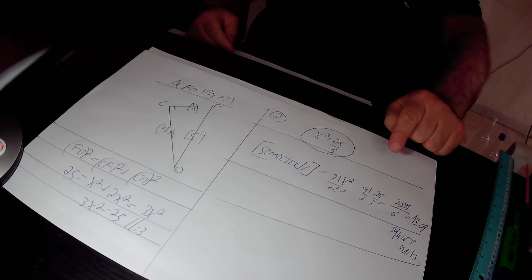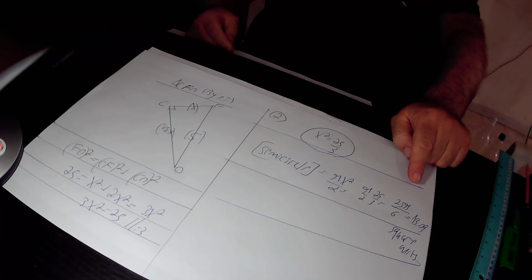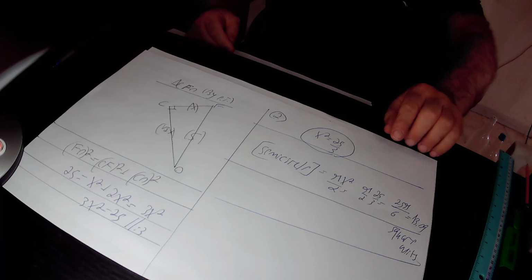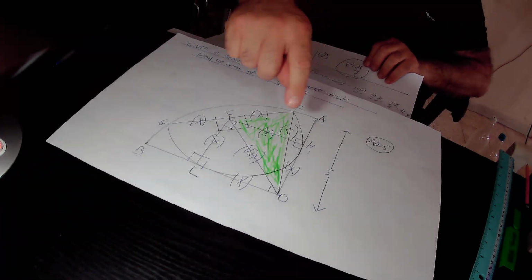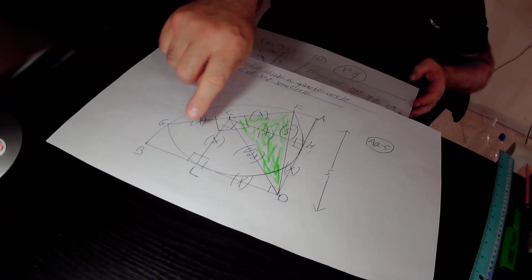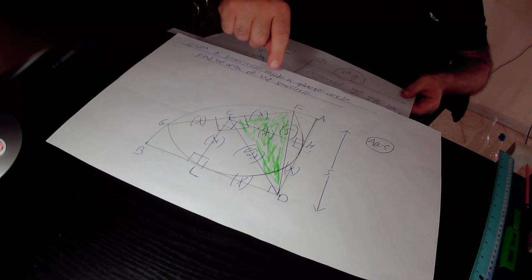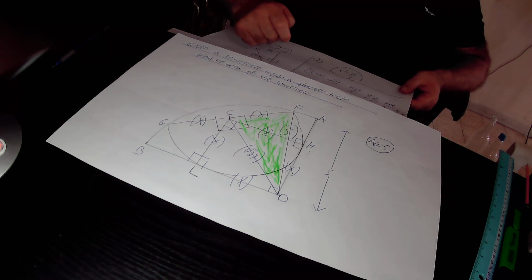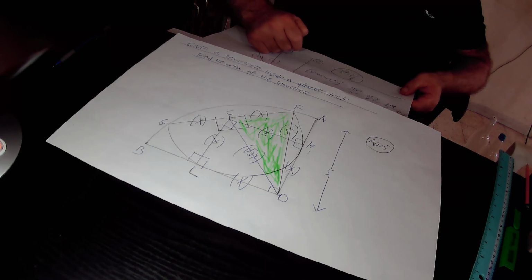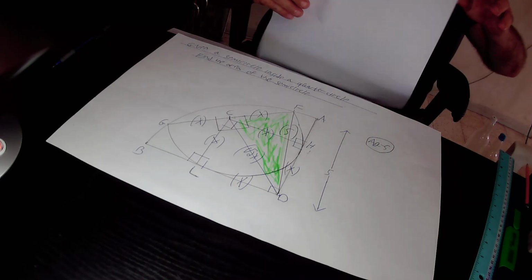So the area of the semicircle equals 25 pi over 6 square units, or in terms of numbers, the area of this semicircle that is located inside quarter circle AOB equals 13.09 square units. So we finished with the first question.